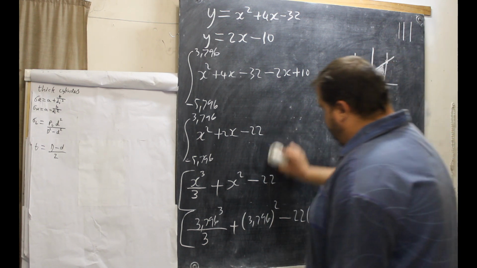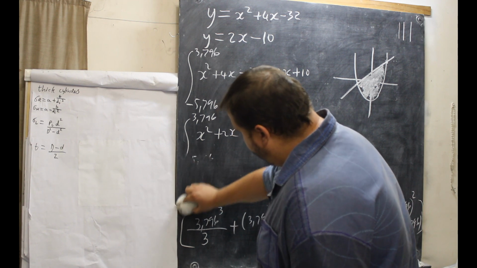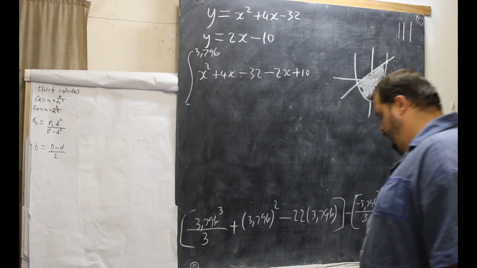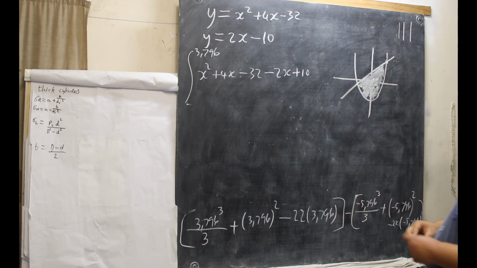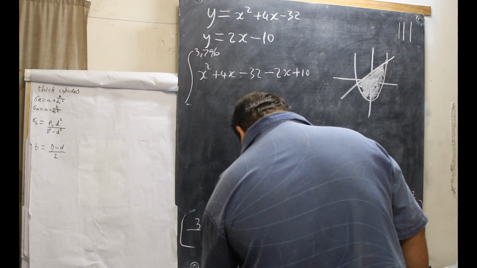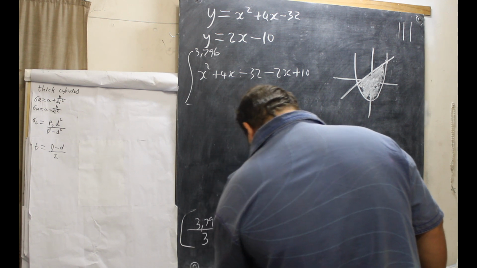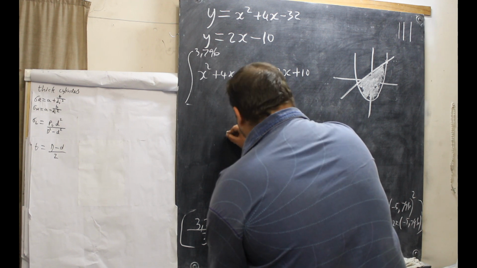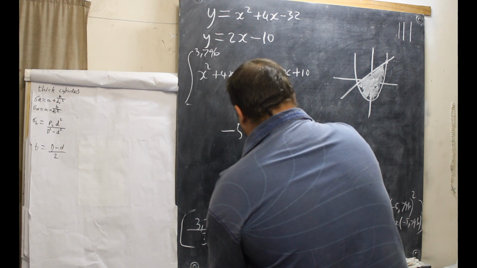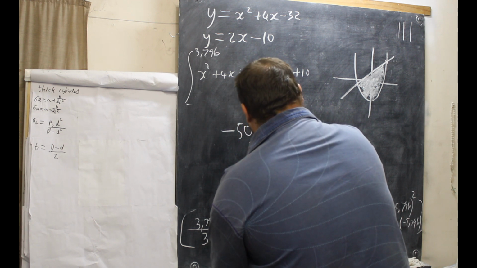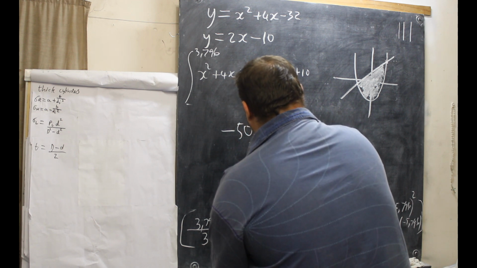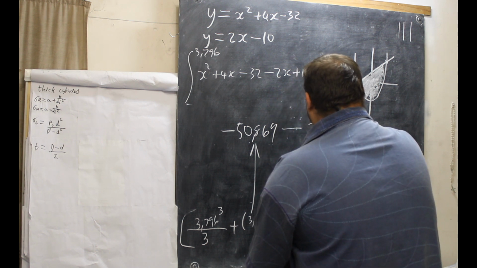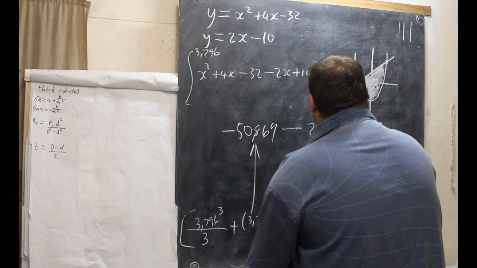I'm going to take this away. Now that we have all this, we are going to take it as minus 50.869, that's this one, minus 29.01.